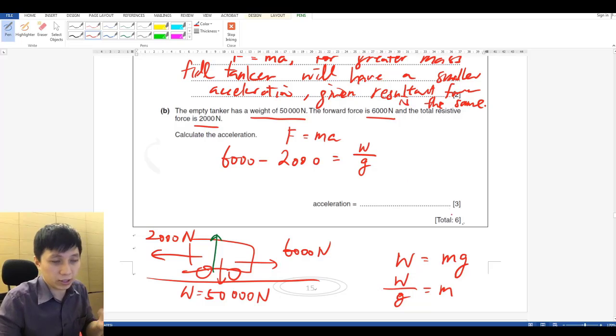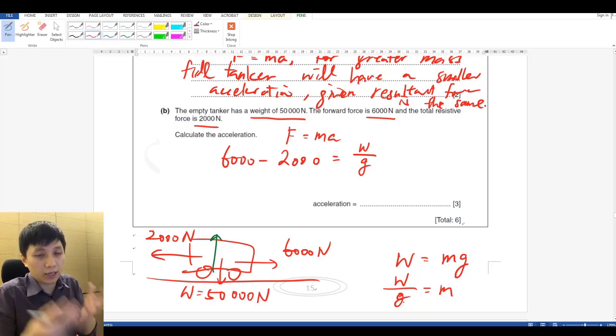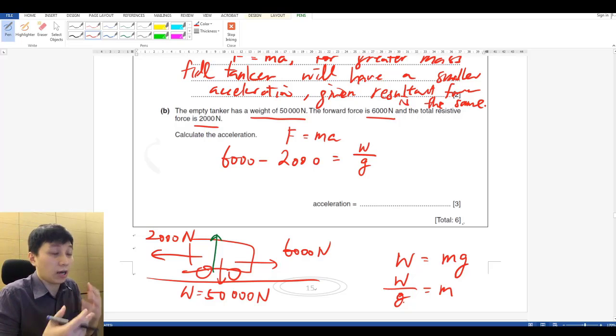So weight is the one that is given, g is 10 meters per second squared, as you learned earlier, or you can take 9.81, but in IGCSE I would say you can always take it as 10.